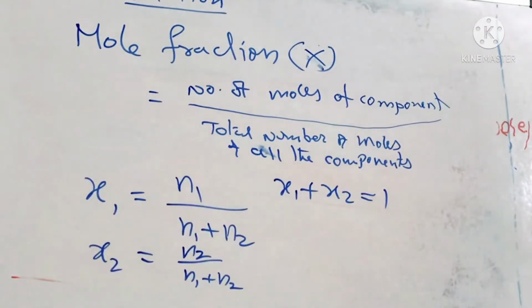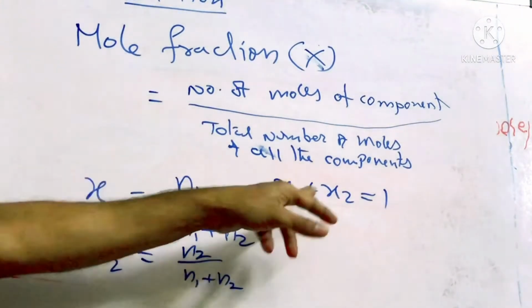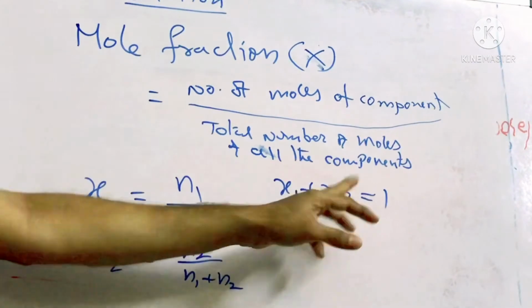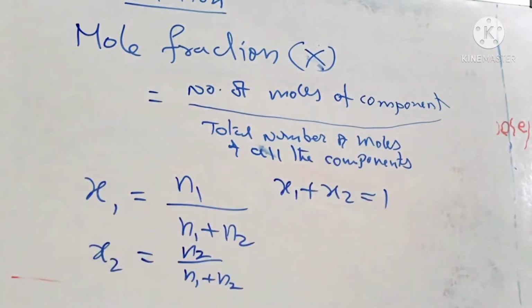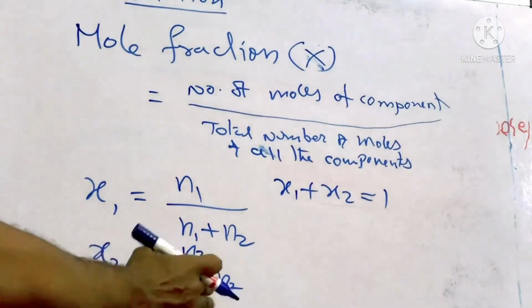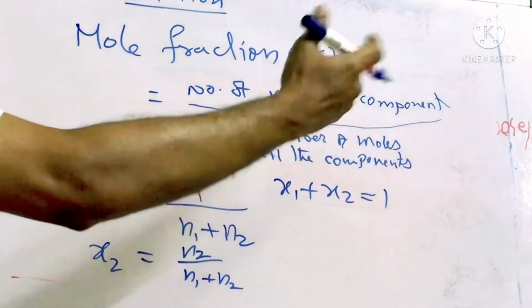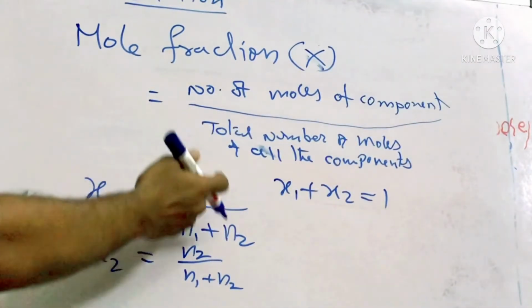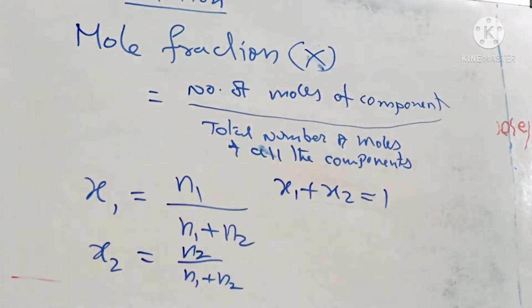That is the total mole fraction. If I have two components, the sum of each component's mole fraction becomes 1. If I have n components, you can continue n times. Each component will be the top, all together will be the bottom. In such a way we can find this mole fraction.